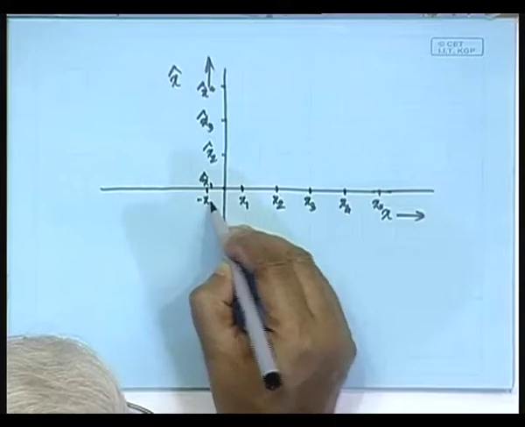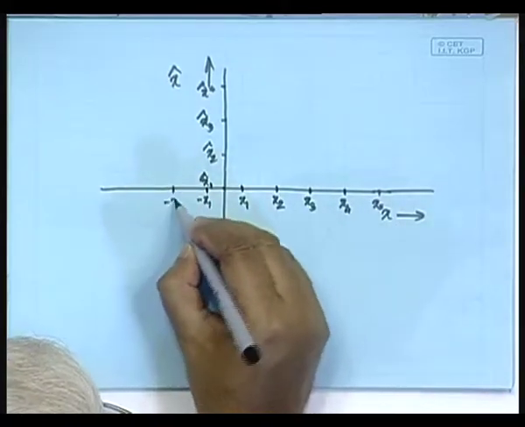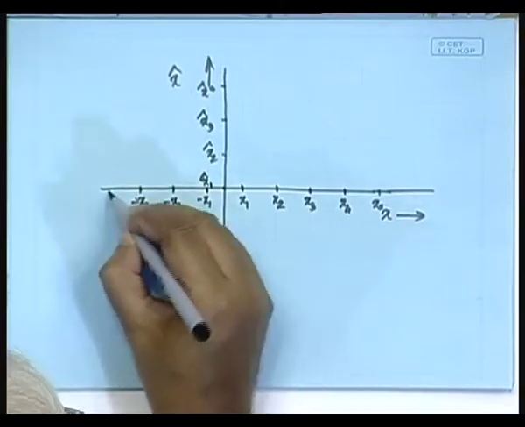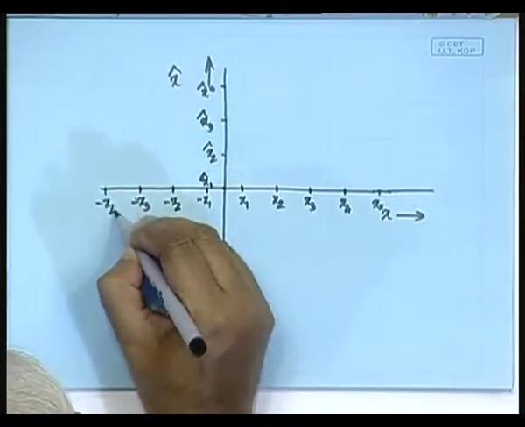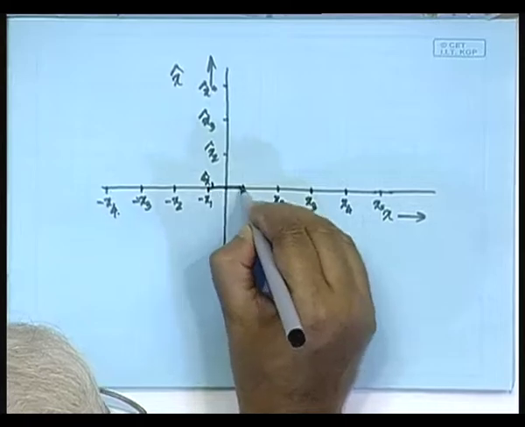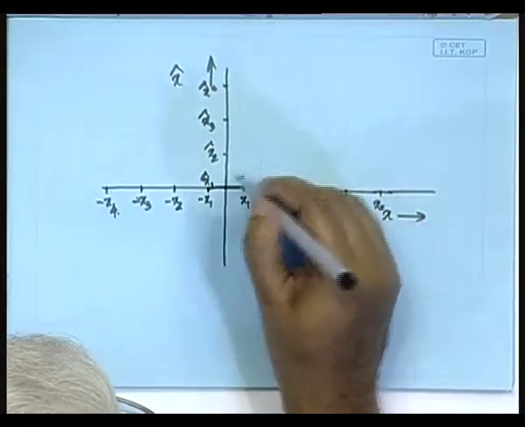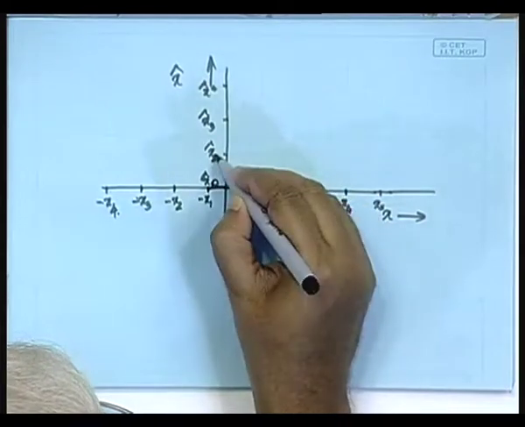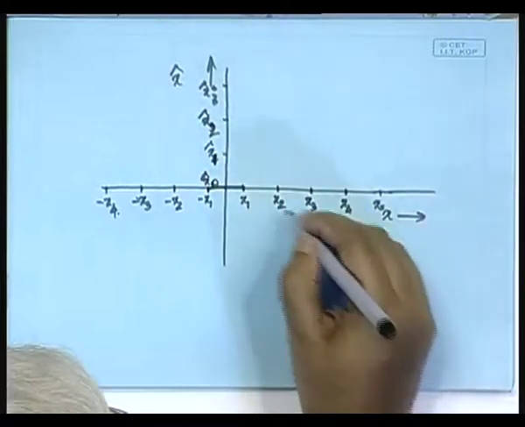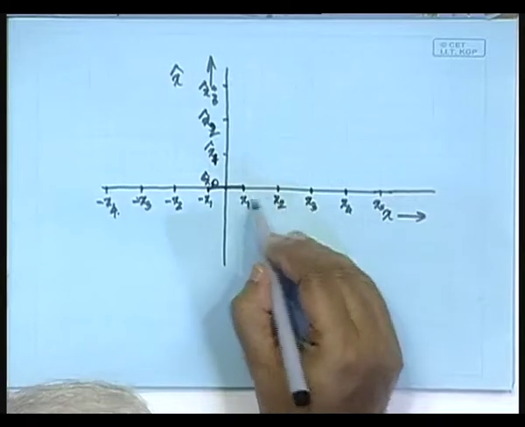If we have the negative side also, we have the steps as minus x1, minus x2, minus x3, minus x4, and so on. Then if it is what is called a mid-tread quantizer, it is better that we call these x0, x1, x2, x3, and so on.